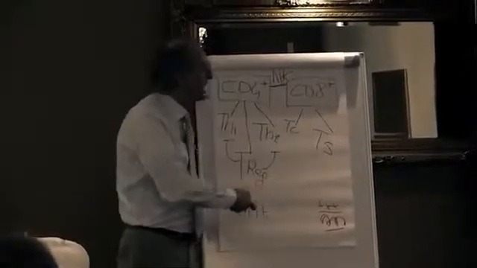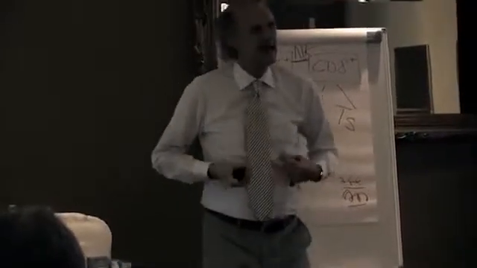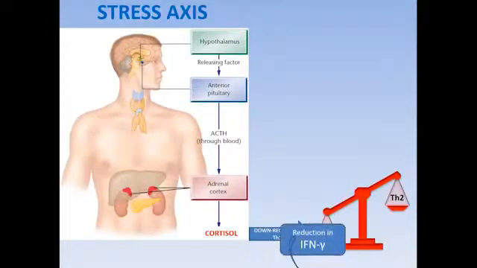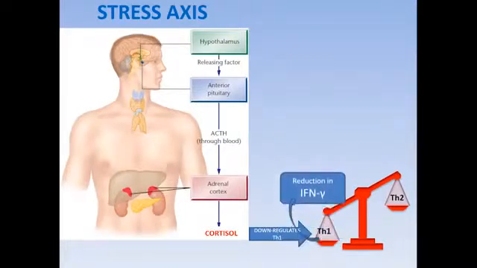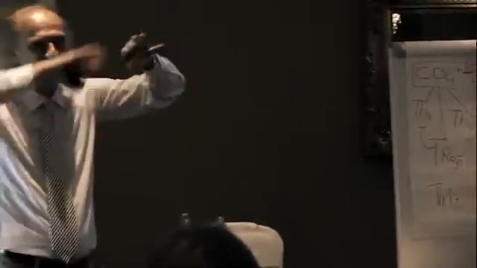Come on. If Th1, look, if Th1 are downregulated, instead of to produce their own molecules, such as gamma interferon, they produce less gamma interferon. Look how everything is connected, the crosstalk.